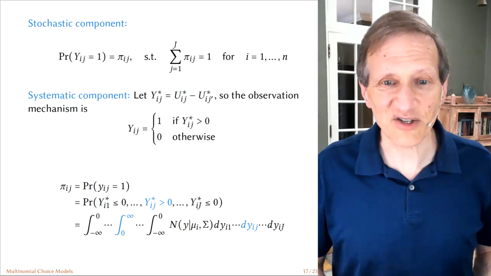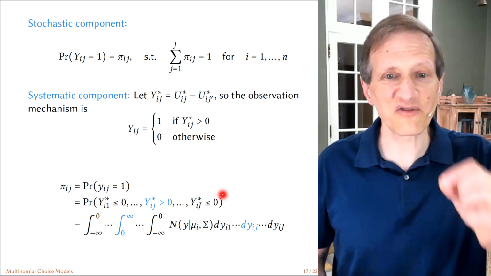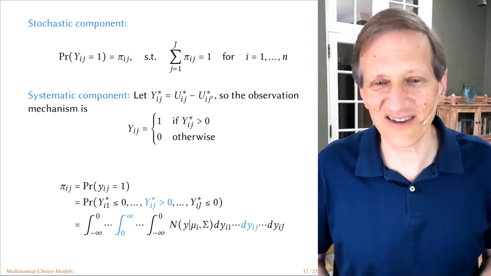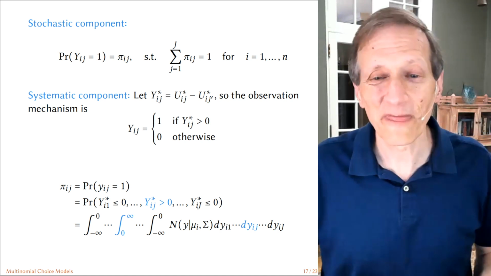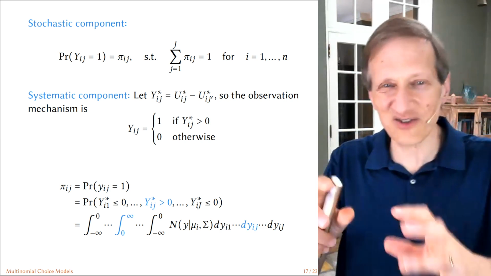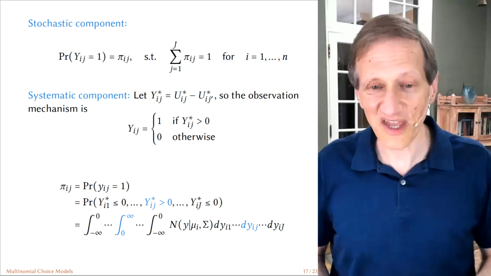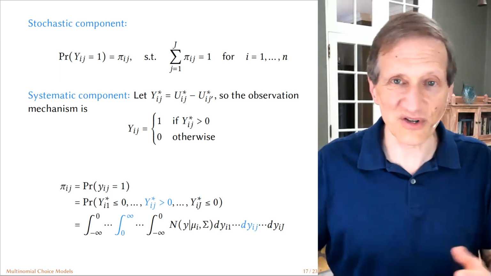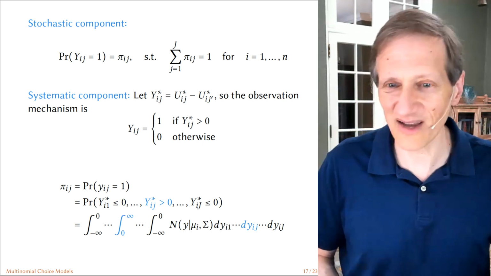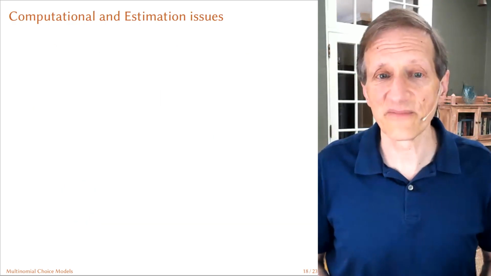And since it's multivariate normal, we basically have to take a piece of the normal that reflects when the utility for candidate 3 is higher than the other utilities. And that's what this integral says, okay? If you collapse over the other dimensions and you make sure that this one's greater than that one. It's a big multivariate integral. And as you may know, big integrals are hard to do analytically sometimes, and they're hard to do computationally sometimes. But this gives us the multinomial probit model.